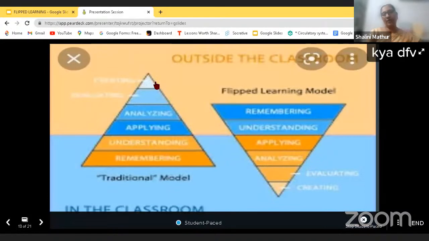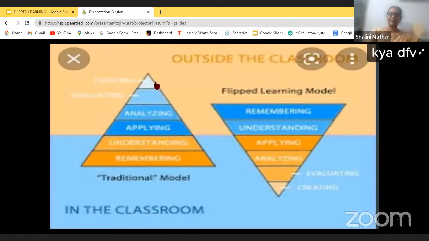But in flipped learning, when they enter the class, they have already remembered and understood by the flipped content. Then they come with the feeling to apply that knowledge. After applying, when they sit in a group discussion, they analyze what they have learned and what the other students have learned.